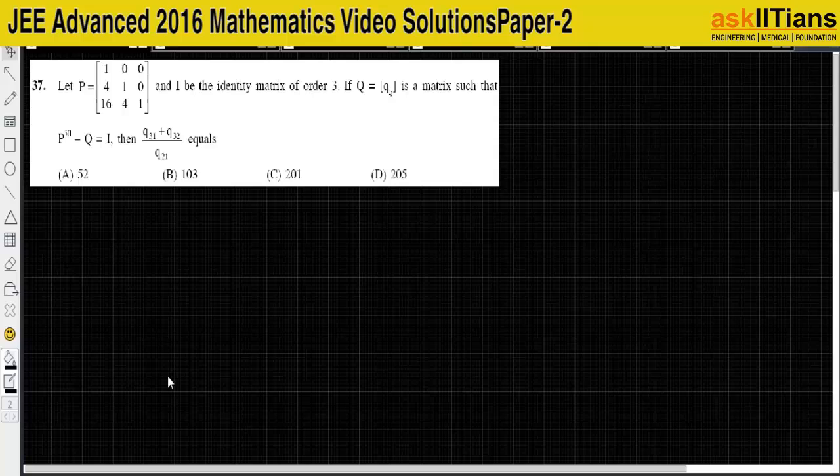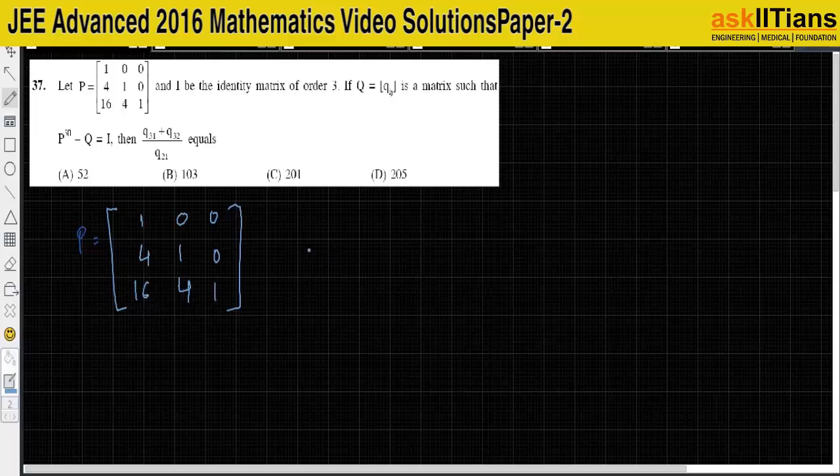First is question number 37, and this is a single choice correct question. Question number 37 says that there is a matrix P, and this matrix P is equal to, I'll change the color of the pen, 1 0 0, 4 1 0, 16 4 1. This is matrix P, it's already given. I is the identity matrix of order 3.